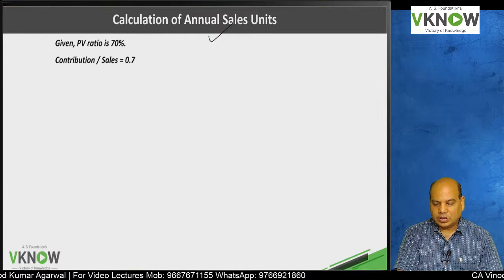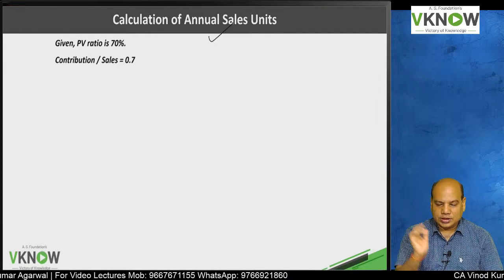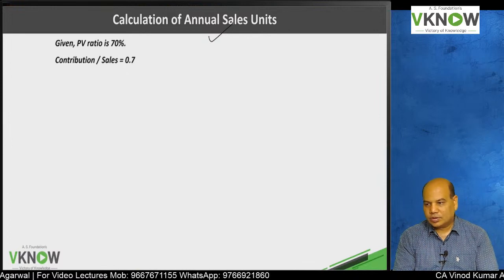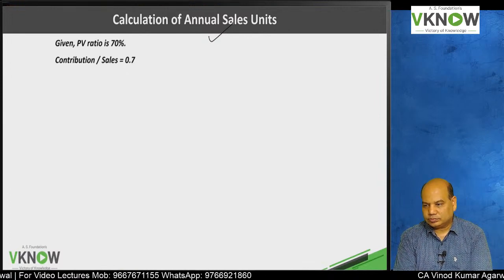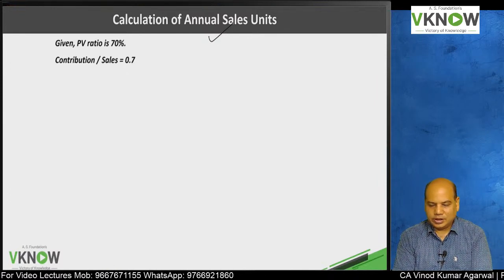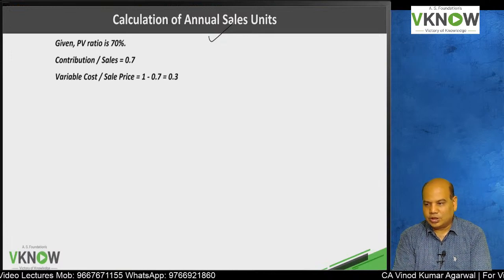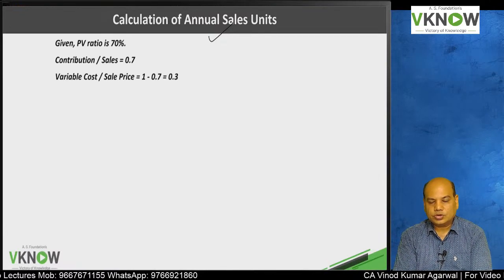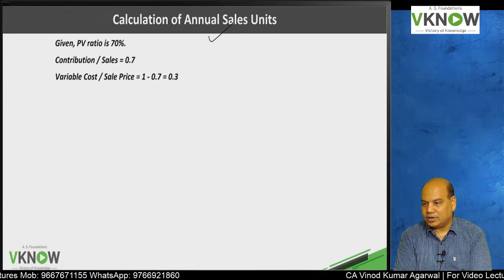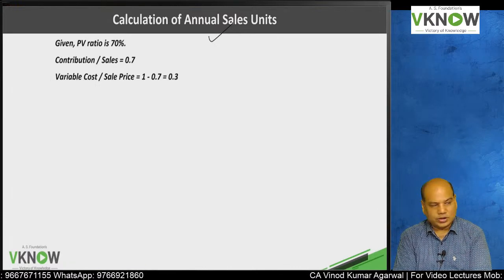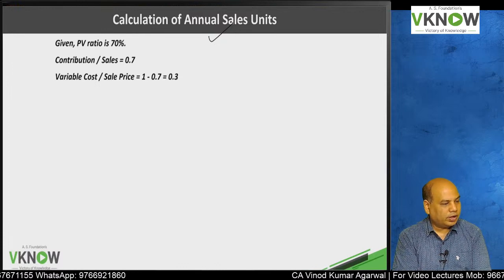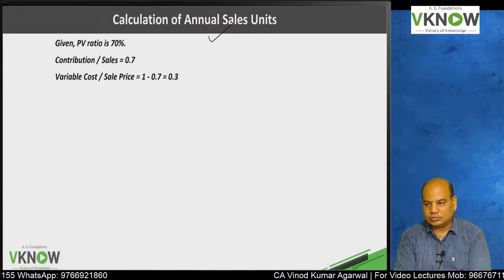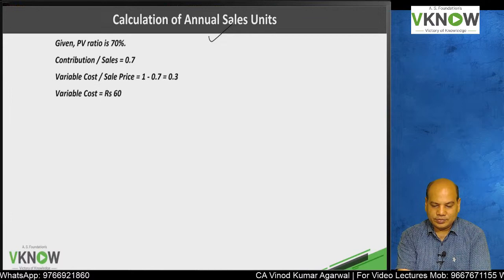What is your annual sales unit in the original estimate you have to find? Contribution to sales ratio 0.70 given. Therefore, variable cost to sales ratio is 0.3.